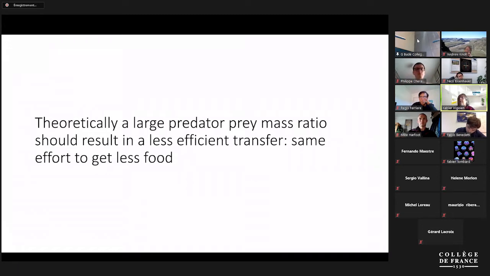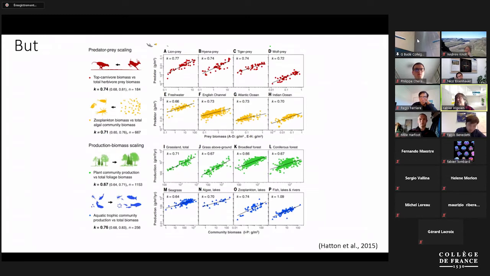But here we go to the paper by Hatton et al. I think it's the same paper that Michel Moreau presented before, where you see that when you look at the biomass of prey and the concentration of predators, and the community biomass and production, there doesn't seem to be that much difference between the ocean and the terrestrial ecosystems.